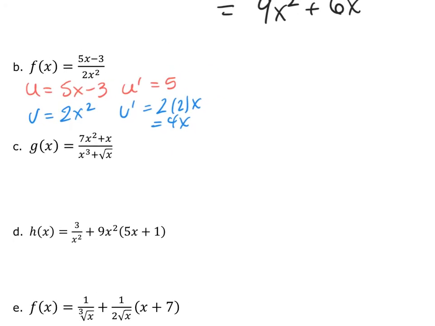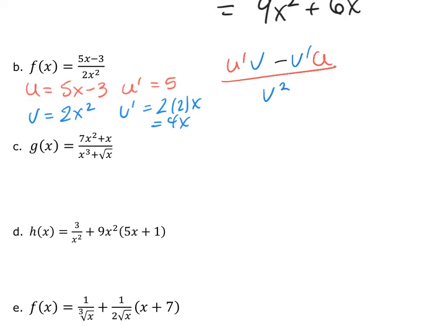Using the rules, it is u prime v minus v prime u all over v squared. Okay?